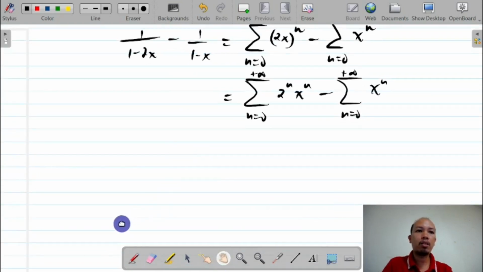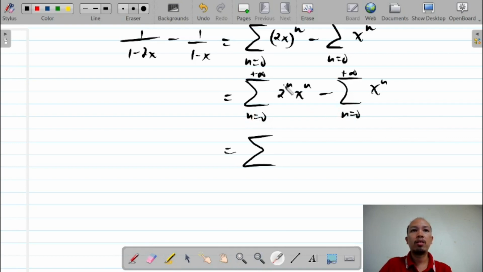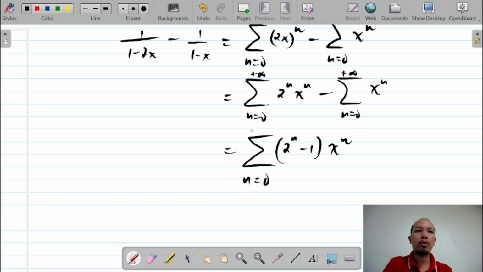And then let's combine the summation. This is the summation of, we have the same starting point, n is equal to 0, and the variable x to the n are just the same, so we can factor out. So we have here 2 to the n minus 1 times x to the n, n starts from 0 to positive infinity.